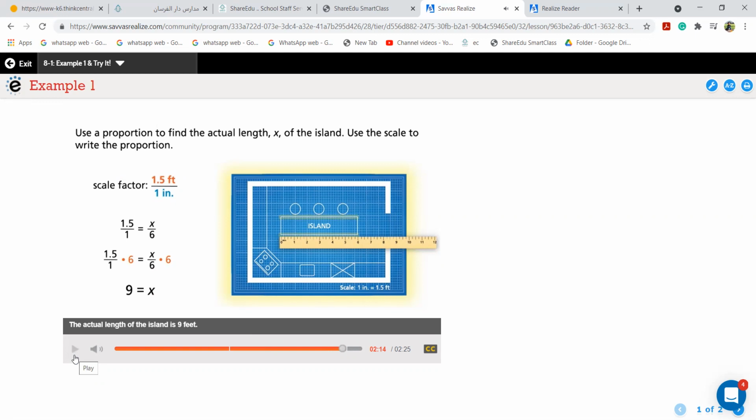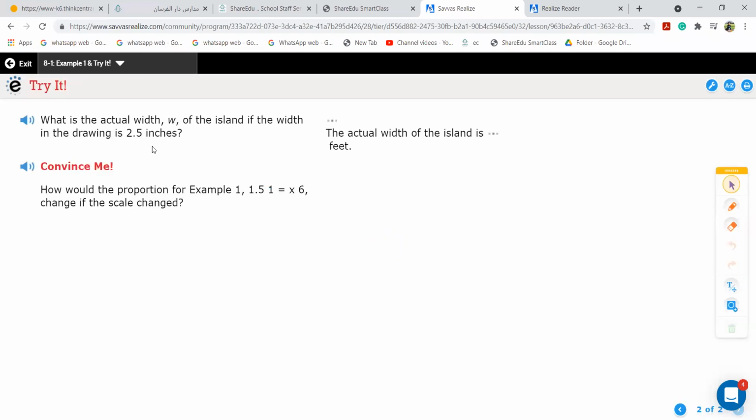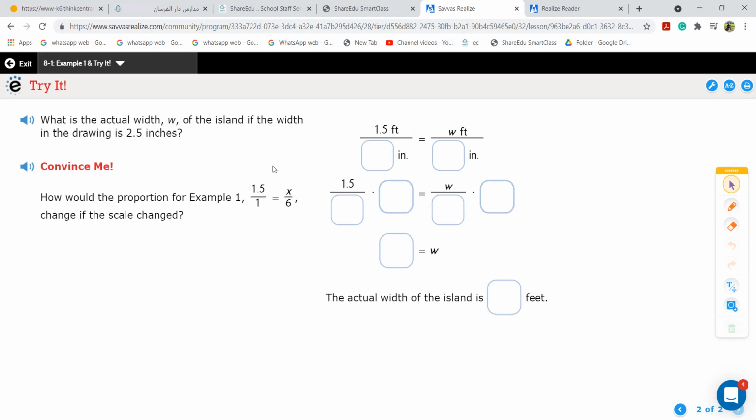Guys, you all follow what I have said to you. Just multiply with 6, how I have shown you. I wrote it here, I'm showing you, and you will get the correct answer. All right? Now, what is the actual width of the island if the width of the drawing is 2.5 inches? Girls, if you go with this method, you will really get confused. Just look here. What did I teach you? 1 inch was how many feet? 1.5 feet.